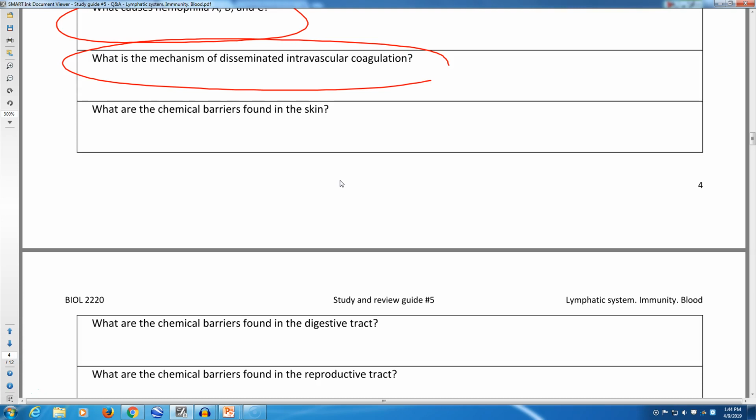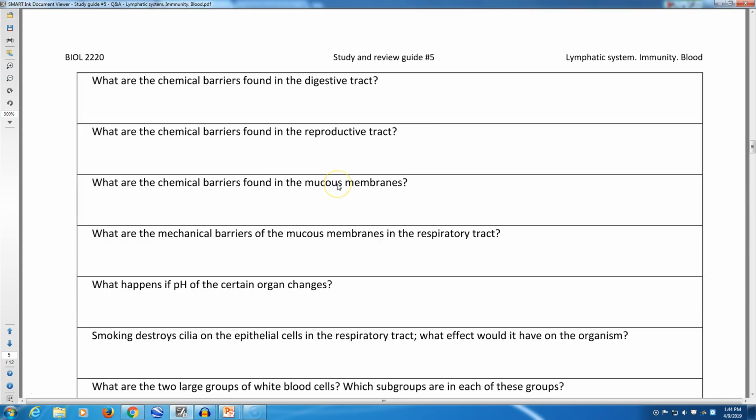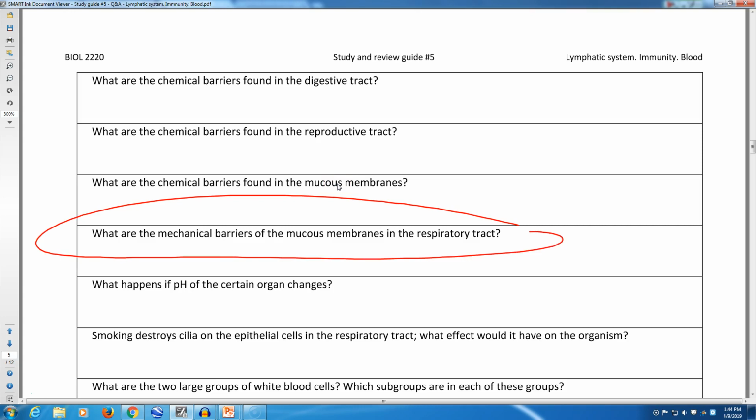Like digestive tract, mucosa. Lysozyme is in all mucosal membranes, right? Immunoglobulin A found in all mucosal membranes. Okay, physical barriers. Mechanical, mucus and cilia. What happens if the pH changes?